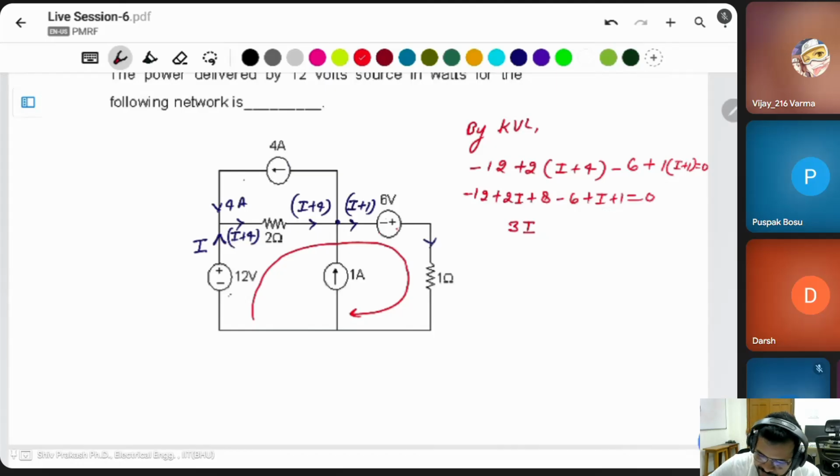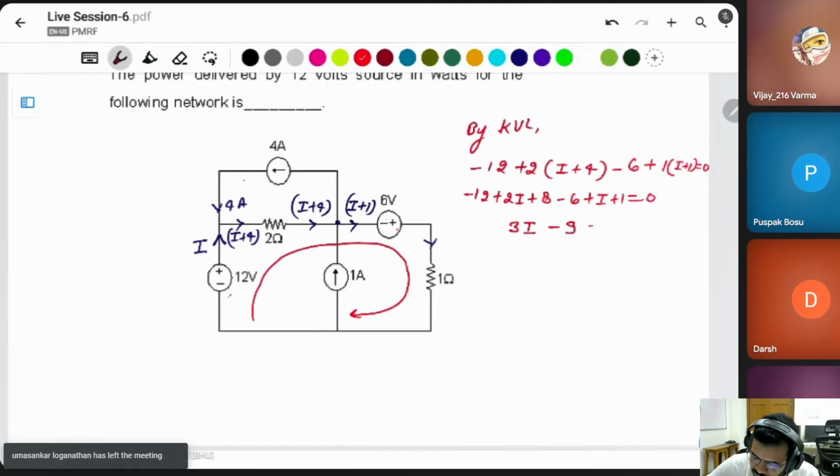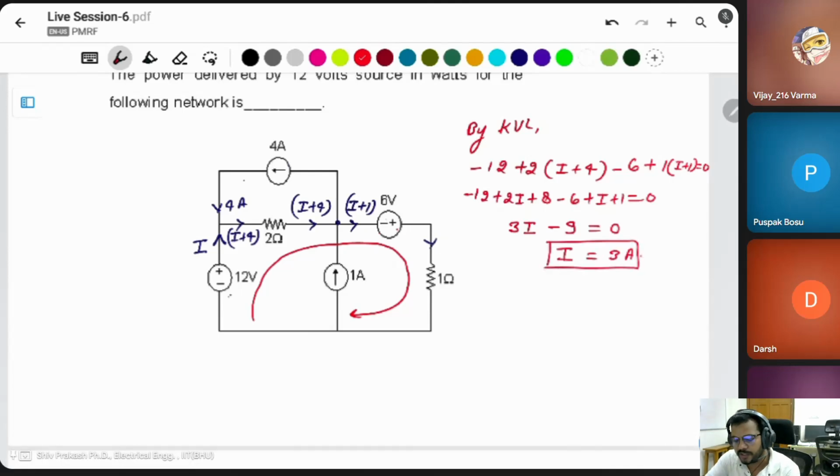In this case, you can take the voltage at this node and apply KCL at that node, then you get all the currents here, here and here.